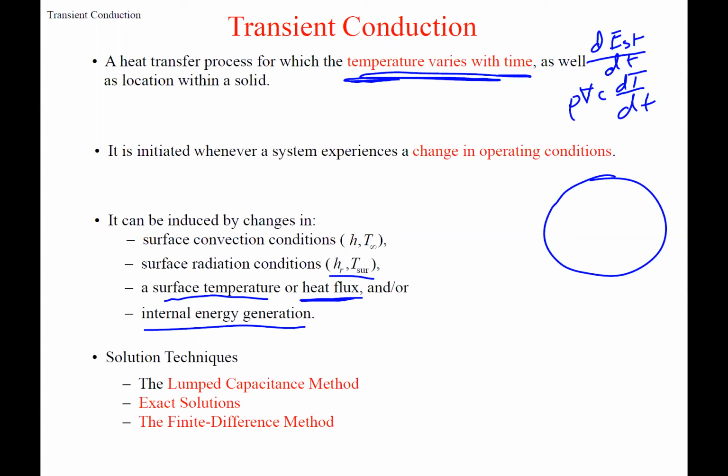So in these transient conduction problems, we have the case of lump capacitance, which we will do. We have some exact solutions, which are limited, so we're not going to cover those. Those equations are good, but they have to meet the requirements for those solutions. For example, there are equations for an infinite solid.